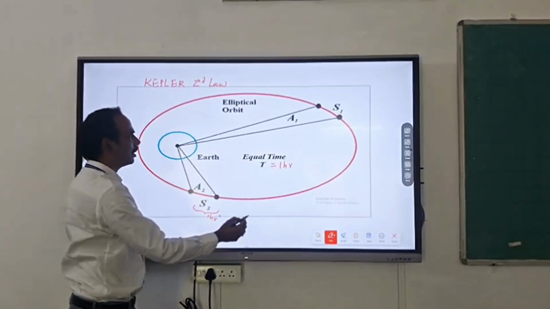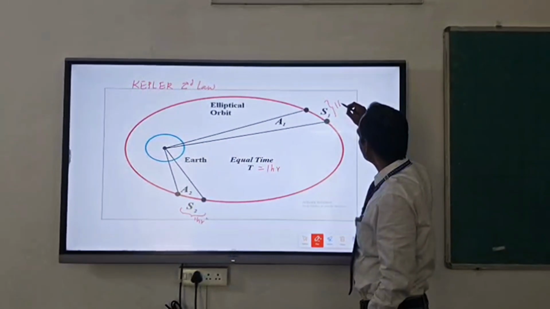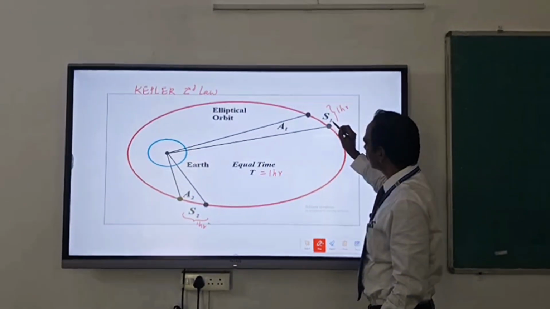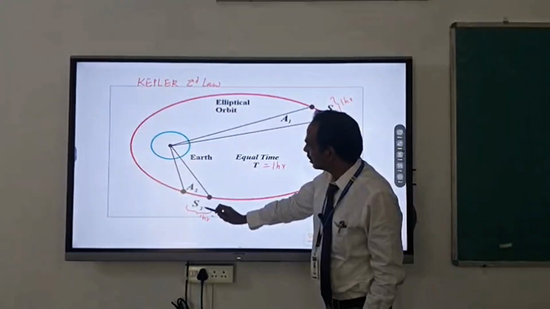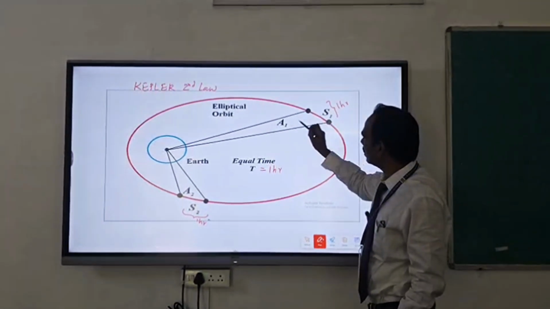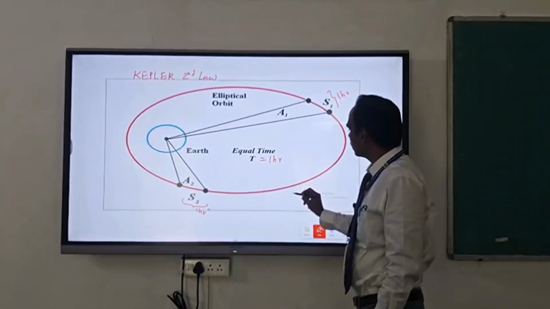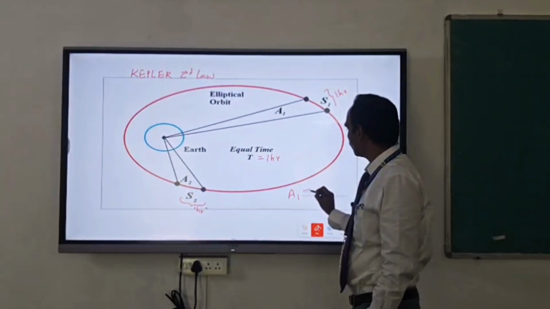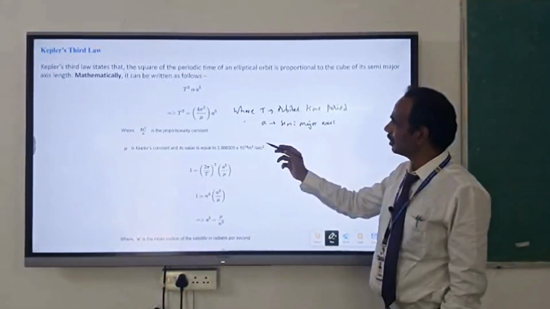In the same hour, here also in 1 hour, it covers the distance s1. The area corresponding to the distance traveled s2 is a2. The area corresponding to the distance traveled s1 is a1. As per Kepler's second law, the areas are equal, a1 equals a2.